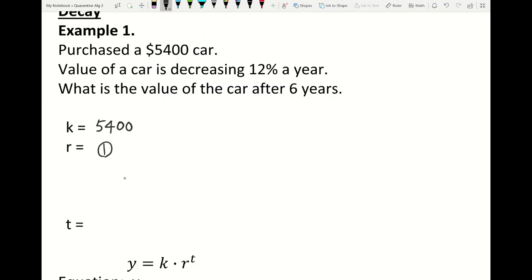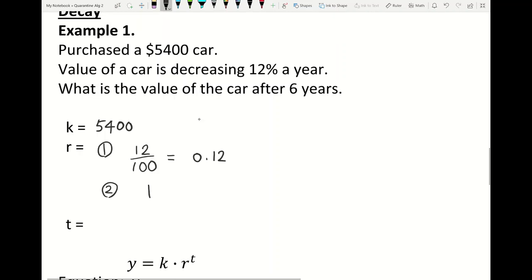We need to convert 12% into decimal form. So how do we do that? We're going to divide that 12 by 100, which you will get 0.12. Now, next, instead of adding 1 to it, we are actually going to subtract this 0.12 from 1.